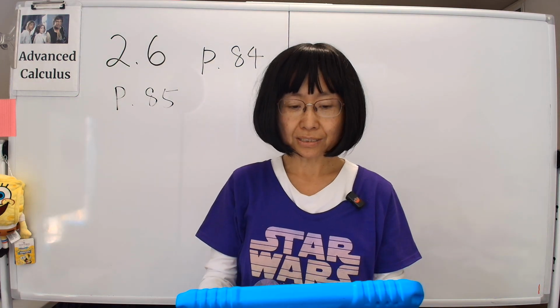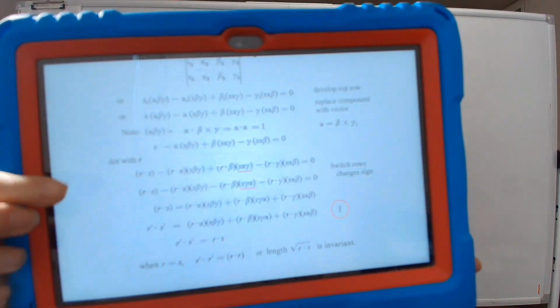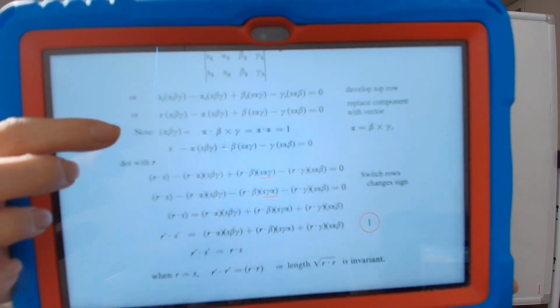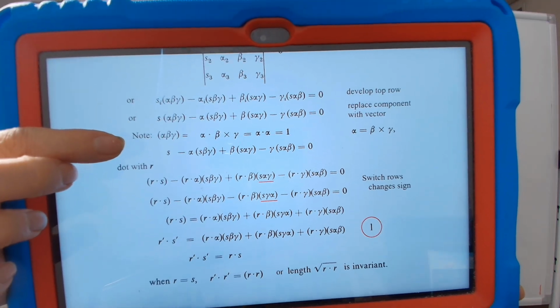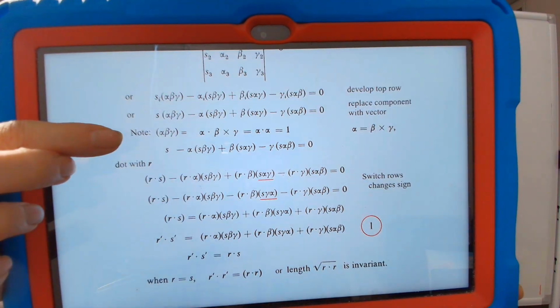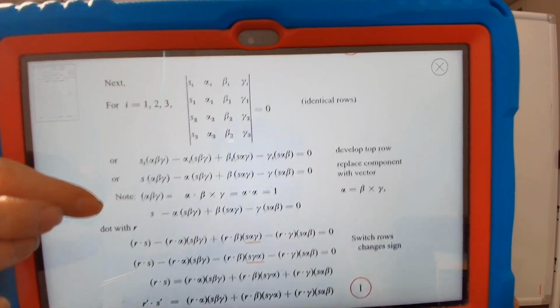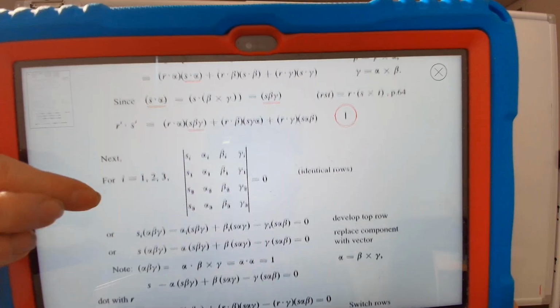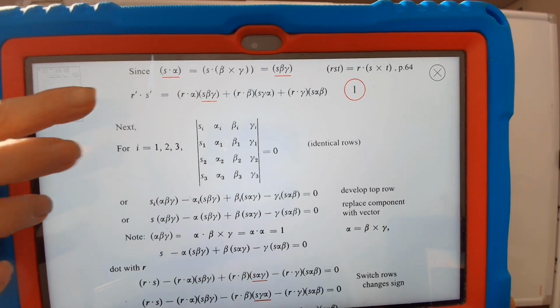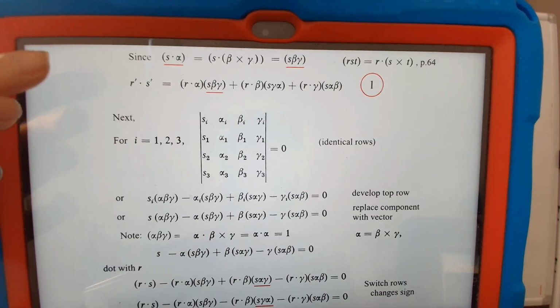All right. So next, we're going to notice that alpha, beta, gamma itself is equal to, well, remember, that's a determinant, okay? The determinant is the same as alpha dot beta cross gamma. We mentioned that a little earlier, see, right here, that RST equals R dot S cross T on page 64 on the other corner, right?